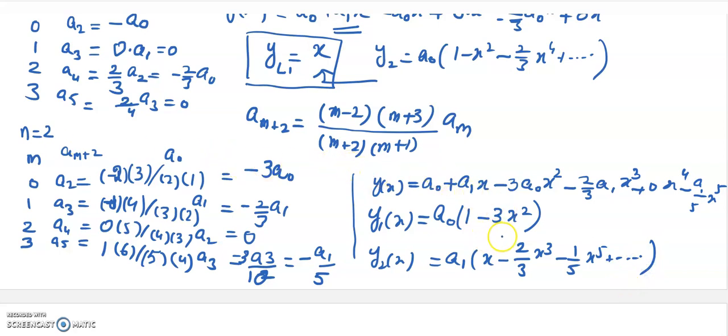However, this finite series, which is basically the polynomial, Legendre's polynomial, is the polynomial for n equal to 2.